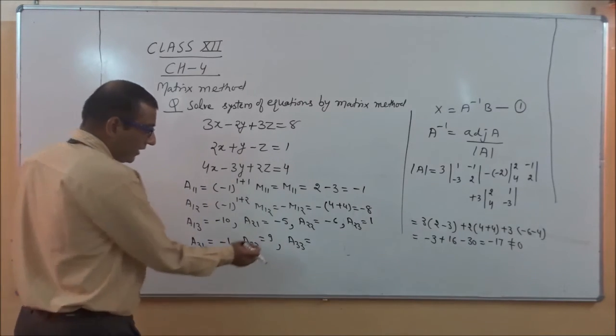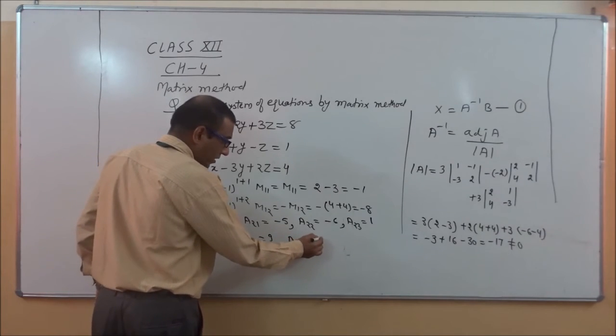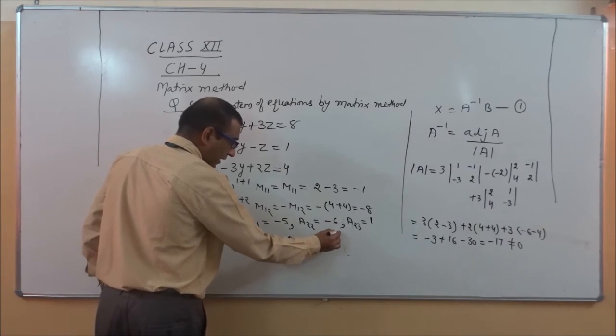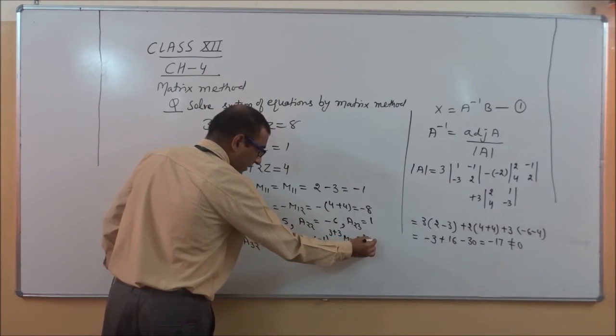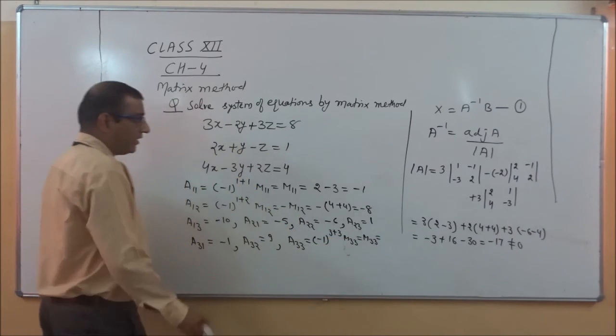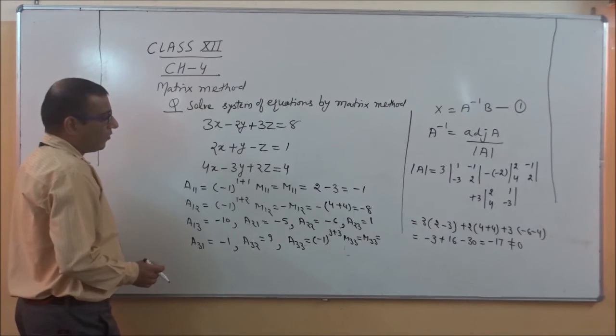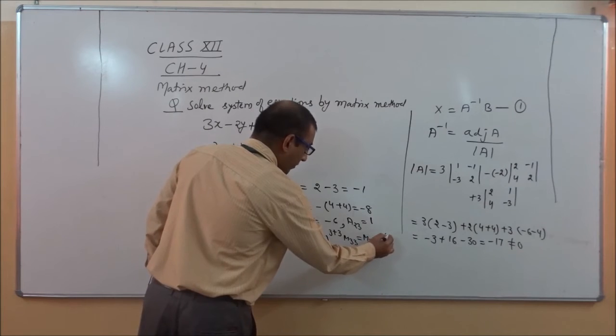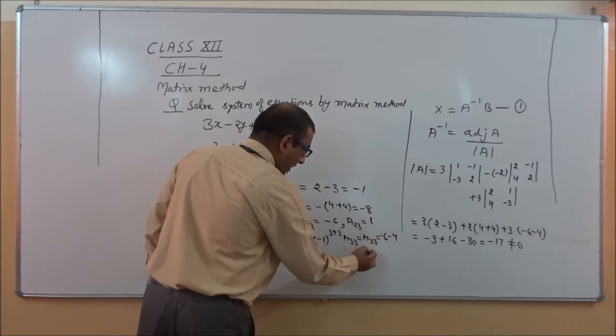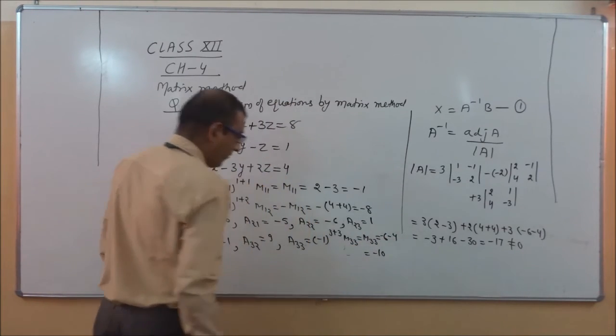The value of i is 3, the value of j is 3, so it can be written as minus 1 to the power 3 plus 3, M33. M33 is related with A33, it means when we solve it, we will get minus 6, minus 4, it becomes minus 10.